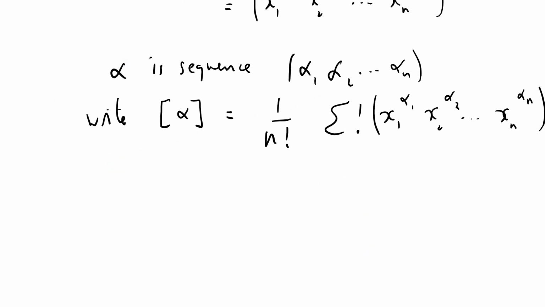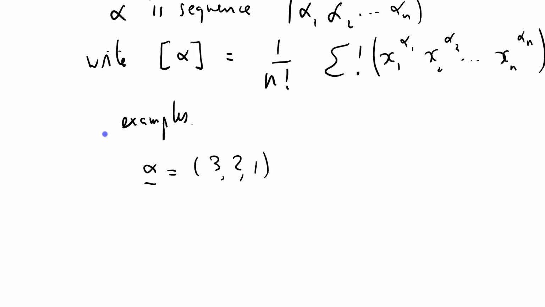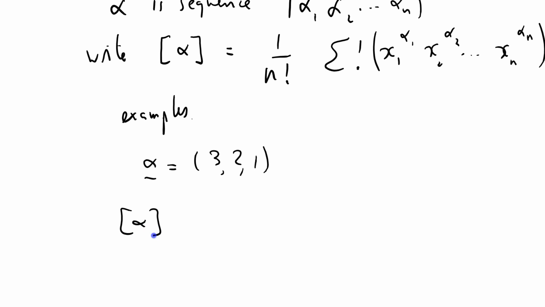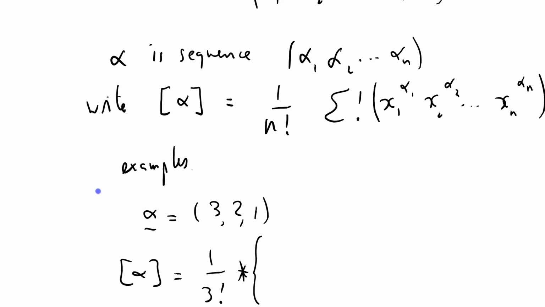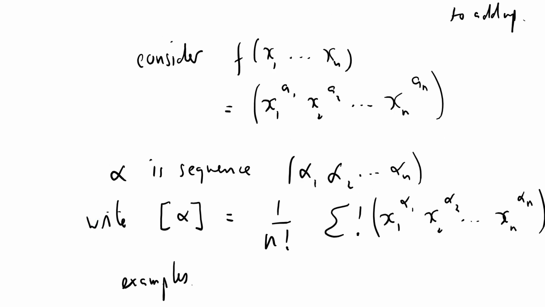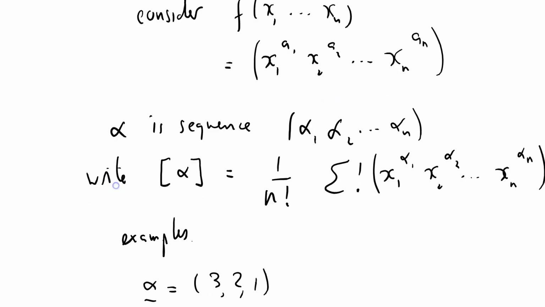Okay, so now we need some examples. I'm going to write alpha for the sequence equals 3, 2, 1. So what is that? Well, by definition, it's 1 over n factorial, which is 3 factorial here, times this function here, over all permutations.